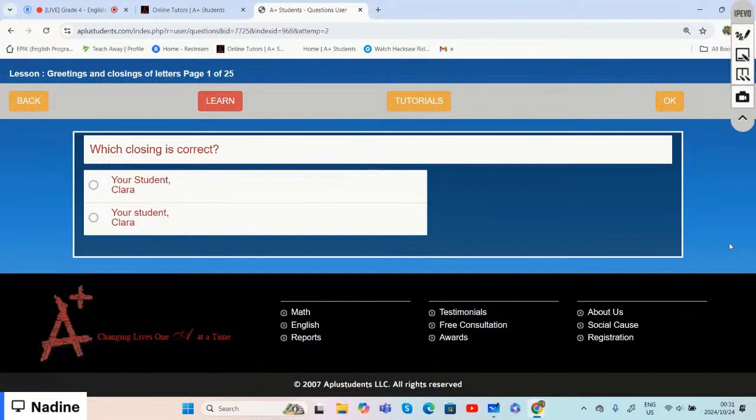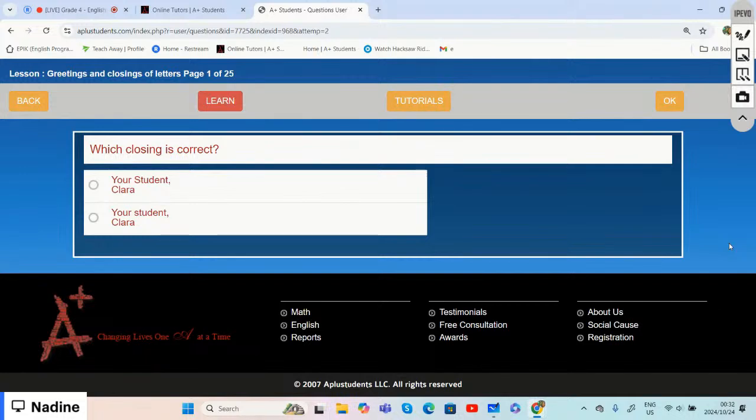Remember, you need to look at how it is written. So, which closing is correct? It says your student Clara or your student Clara. Words are either capitalized or only the first word being capitalized.